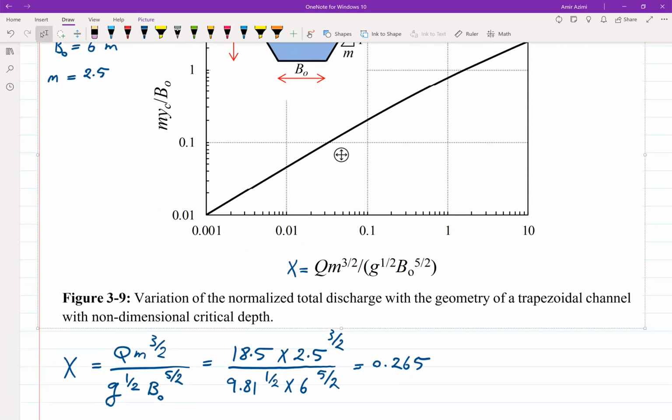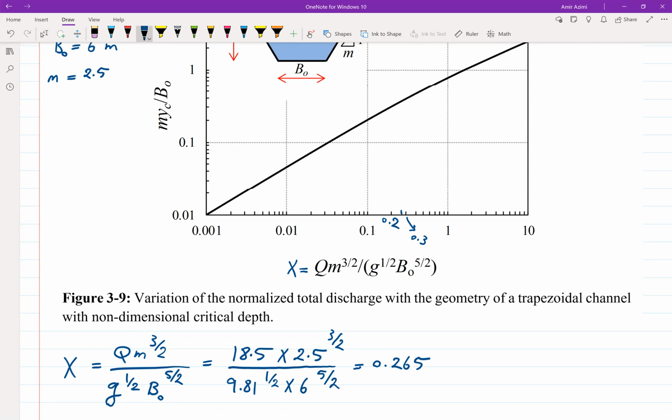Okay, so here we have a log scale. So we have 0.1, and then this is 0.2, and then this one is 0.3. So it is difficult to exactly locate where 0.265 is, but let's say that is somewhere here.